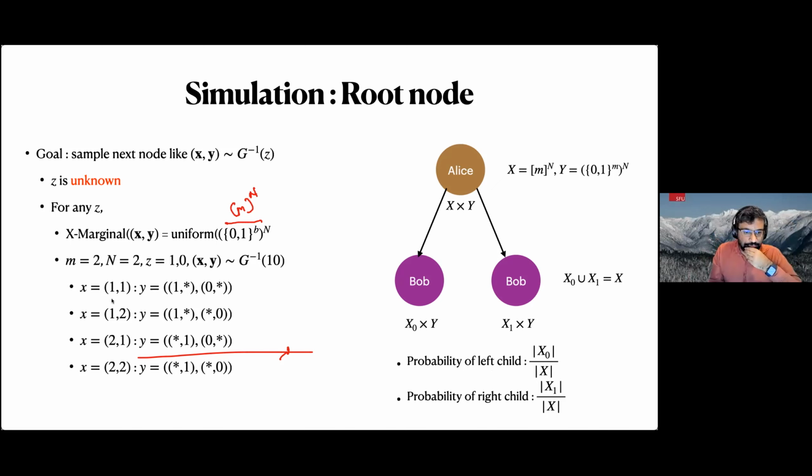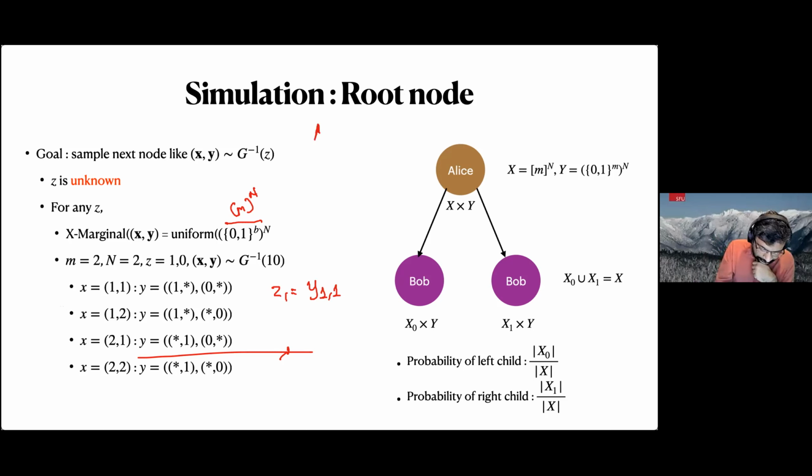To nicely describe this set of inputs XY, which are from G inverse of 1, 0, divide it into inputs based on various values of X. So let's say X is 1, 1. What that means is that Z1 is basically Y at location 1, 1.